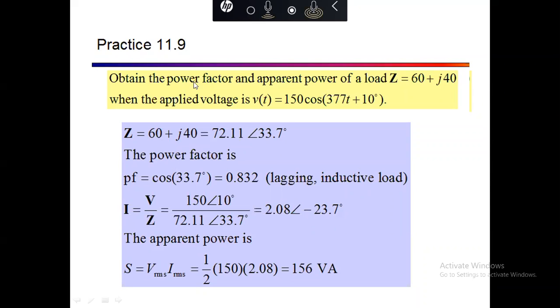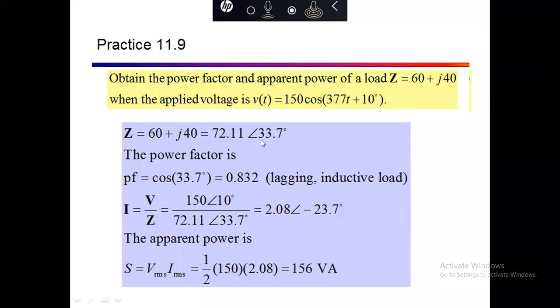So in this example, we solve the power factor and apparent power of the given load in the case when the applied voltage is in time representation form. So first we convert the load into the polar form.